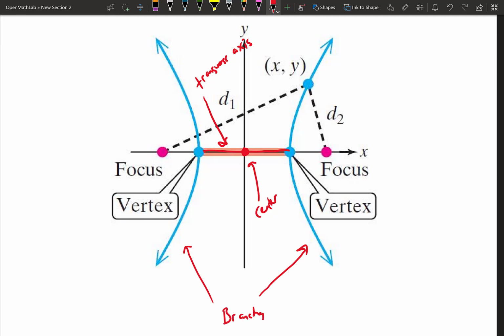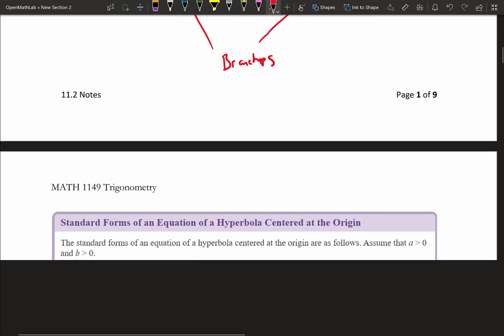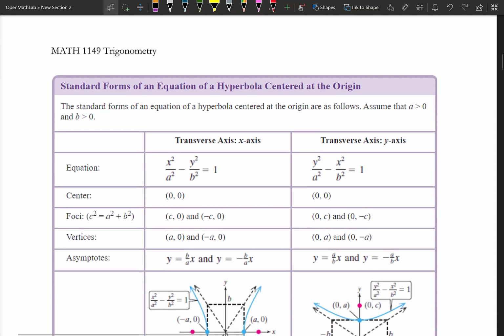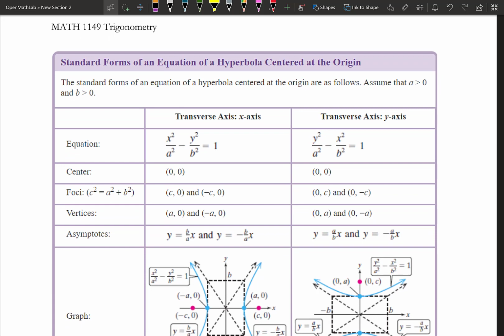So we have two branches with the hyperbola. On pages 969 and 970 you could look over how to derive the equation for a hyperbola if you're interested, but for time's sake, I won't do that.